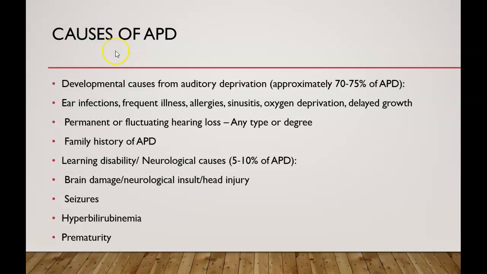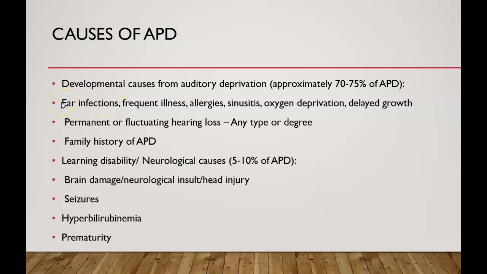So the common causes of auditory processing disorder, there are several common causes. Developmental causes from auditory deprivation, and approximately 70 to 75% of auditory processing disorders have had some kind of auditory deprivation, whether it's from ear infections.